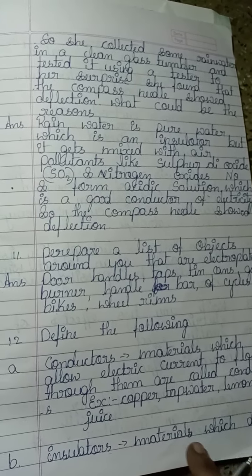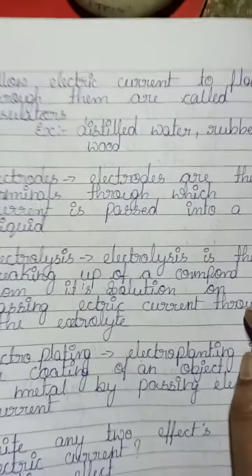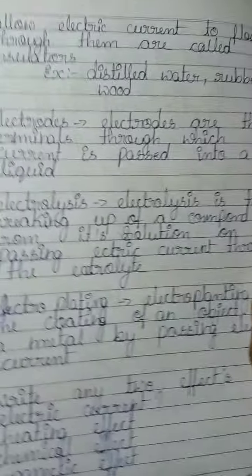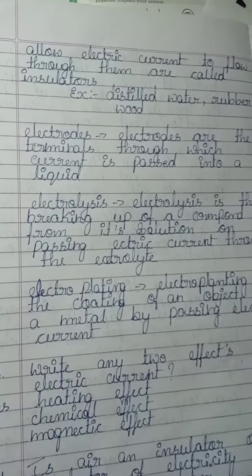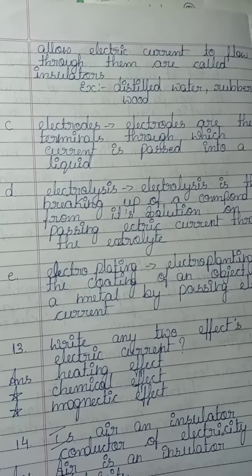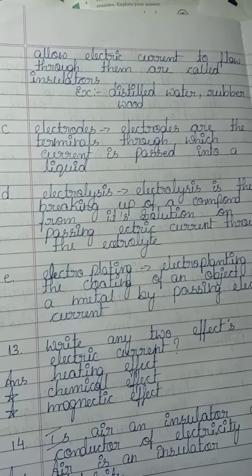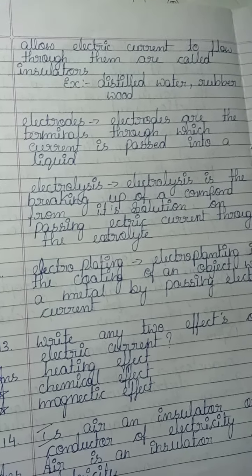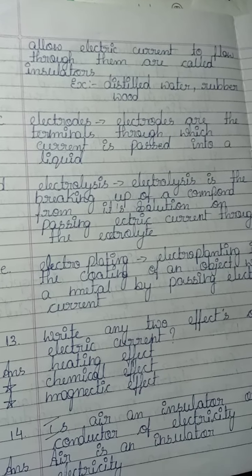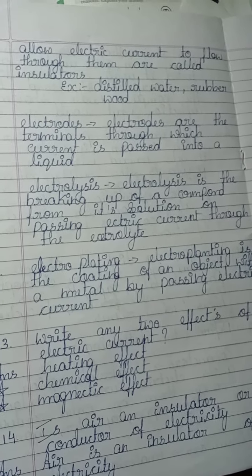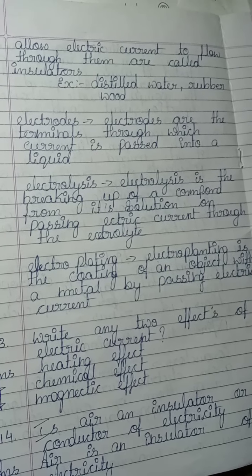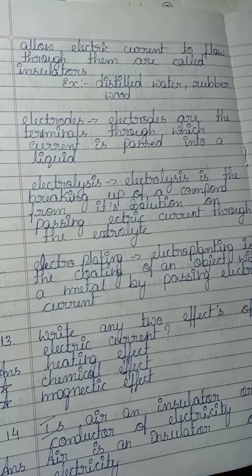Next, insulator: material which does not allow electric current to pass through them. Examples: distilled water, rubber, wood, stone. Pure water also does not allow electric current to pass through.